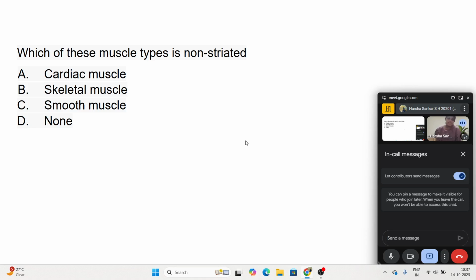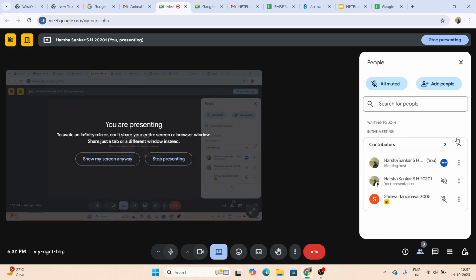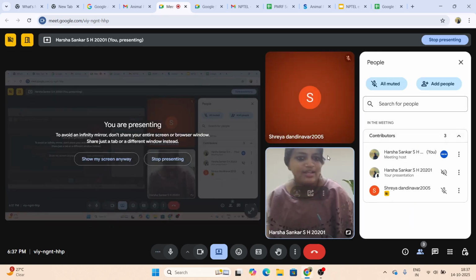So it's 6:37. We'll wait till 6:38 or 6:39. A simple answer only, then we'll discuss it. Which of these muscle types is non-striated? I hope you can hear me, Shreya.